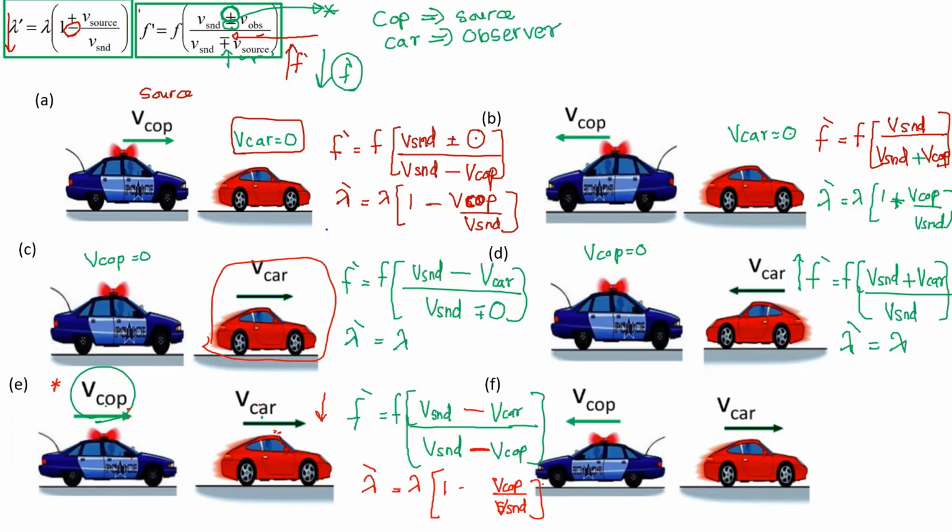That means decrease the wavelength. So are you okay with this? This is really a combination of example A and example C. So you can think of them just like you did A and C. Are you okay with that?